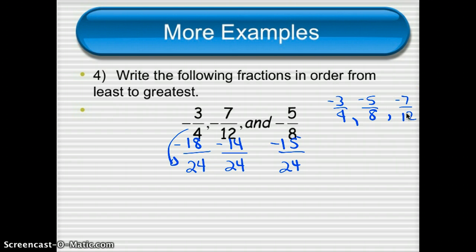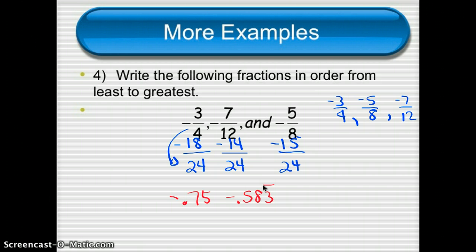Okay, just really quickly, let me show you how I do this as decimals. I would probably use a calculator. I know that the fraction bar means divide, so I'm going to do -3 divided by 4. That's going to be -0.75. That one I hope you actually memorized, but just in case. -7 divided by 12, that's -0.583 with the 3 repeating.